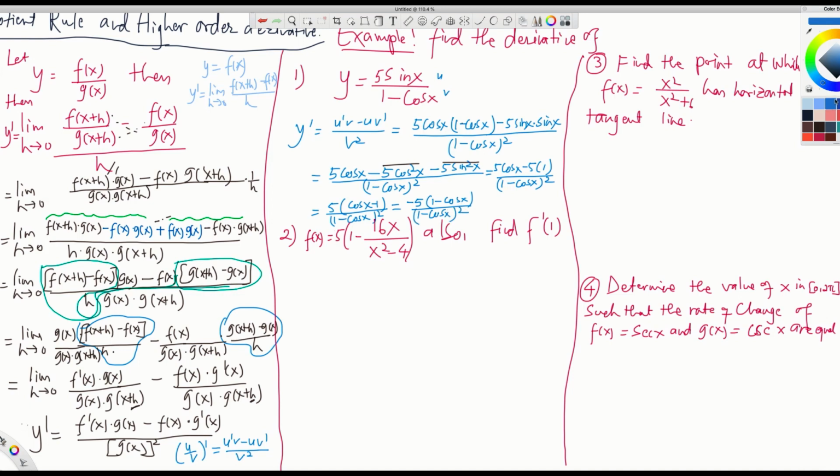So look at this, they have terms in common, because there is 1 minus cosine x. That 1 minus cosine x squared is 1 minus cosine x times 1 minus cosine x. So what is left there is negative 5 over 1 minus cosine of x. That is the final answer. Okay, guys.